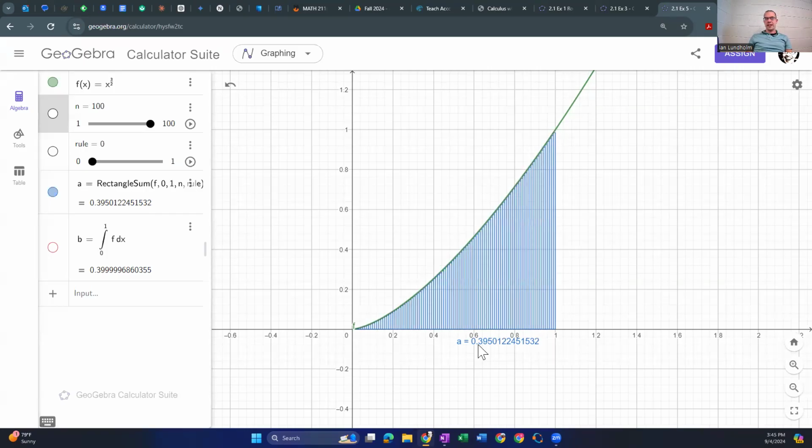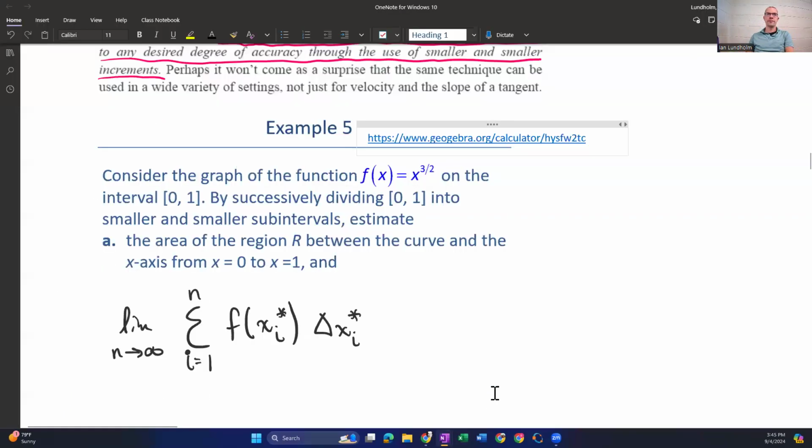And this one is also saying that we're getting really close to 0.4. Notice now, it doesn't make as big a difference whether we're using the left-hand rule or the midpoint rule or the right-hand rule. All of them are pretty close to 0.4 now when we get up to 100 rectangles. So in this context, increasing the number of rectangles or decreasing the width of each rectangle is this process by which we're getting a better and better, more accurate estimate of the area under this curve.